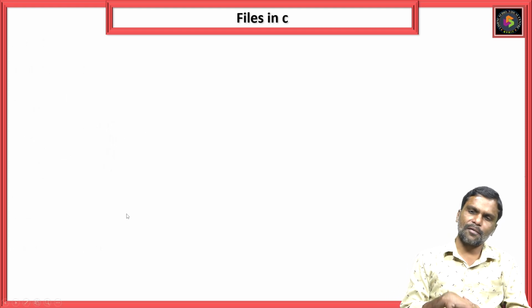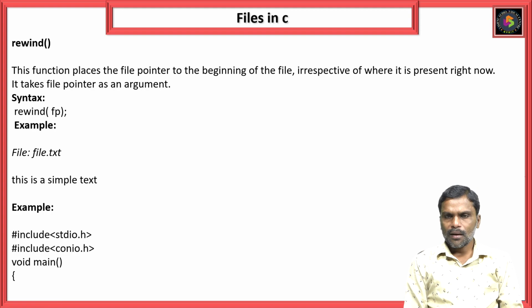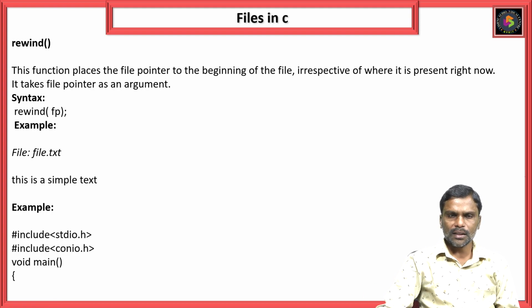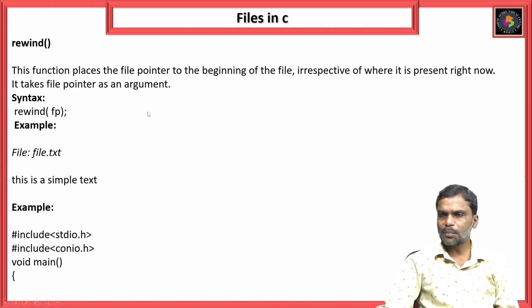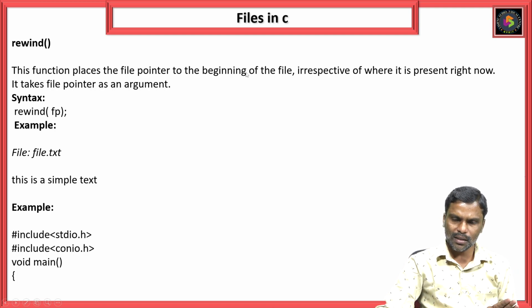Next is another function. The second one is the rewind function. This function places the file pointer at the beginning of the file, irrespective of where it is right now. Wherever your cursor may be in the file, it always moves the cursor to the beginning.